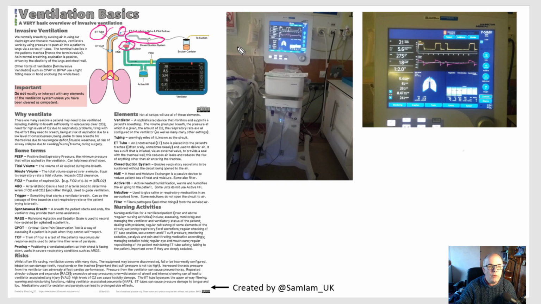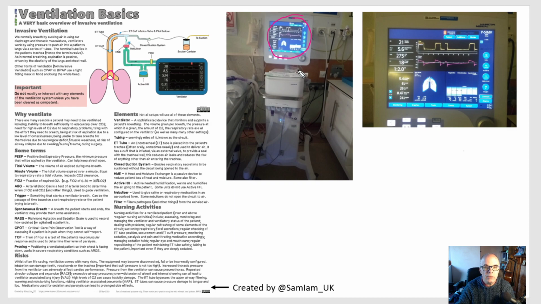If we just focus on this machine over here, this is one of the standard ventilators. This is a Hamilton ventilator. You can see here the screen, the information screen, which both provides us with information and, with today's touchscreen technology, allows us to input information as well.